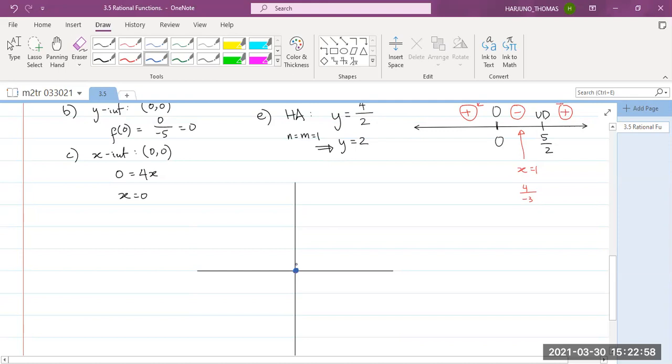Okay, we have a vertical asymptote at 5 over 2. So that's a vertical asymptote, x equals 5 over 2. And we have a horizontal asymptote y equals 2. Again, I don't draw it to scale.